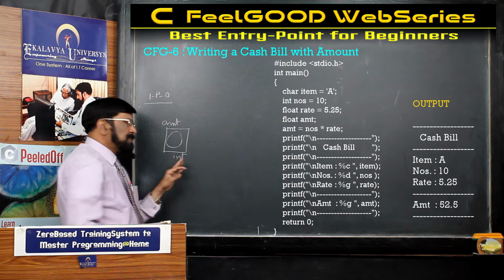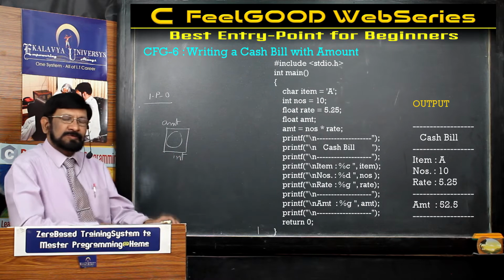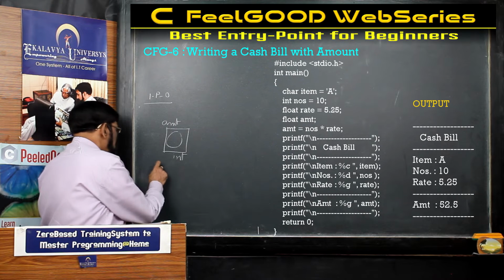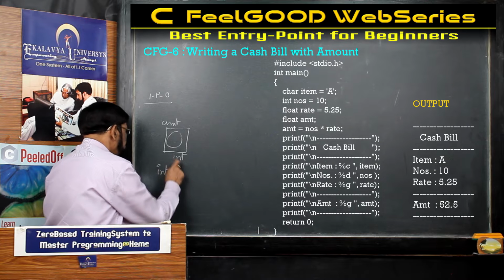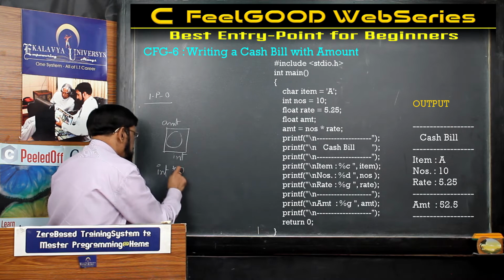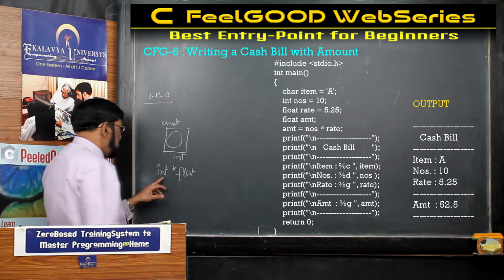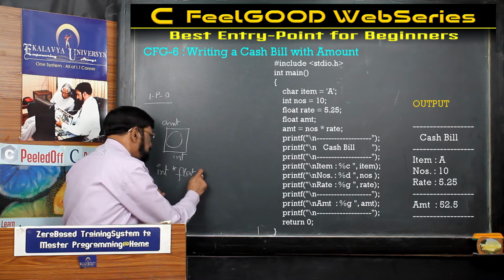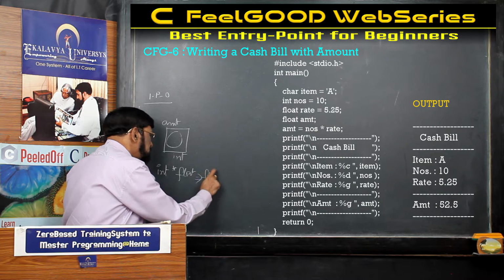Number 2 is, you have to decide what type, which is also very important. What type means, which one are you calculating? Numbers into rate. Numbers type is int, rate type is float. Then the result is float.